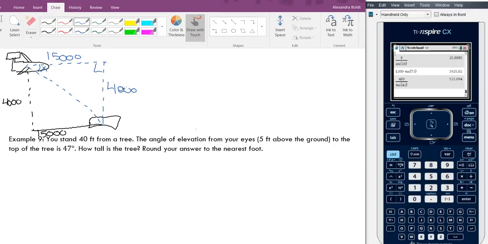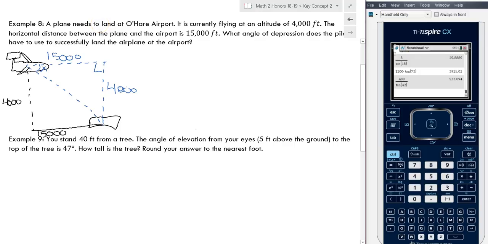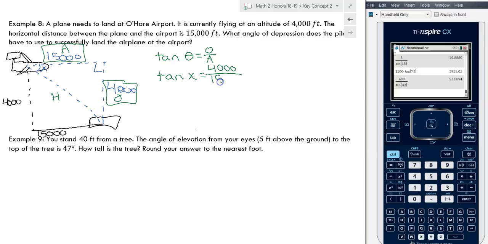And now we're just solving. I have my opposite side, my adjacent side, and my hypotenuse. To solve this, I'm using the opposite and the adjacent side. I'm solving for an angle, so tangent of theta equals O over A. So this is tangent of x equals 4,000 over 15,000.